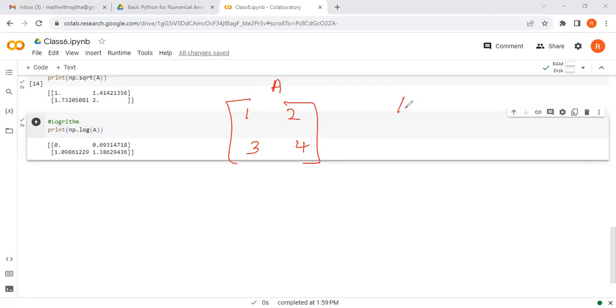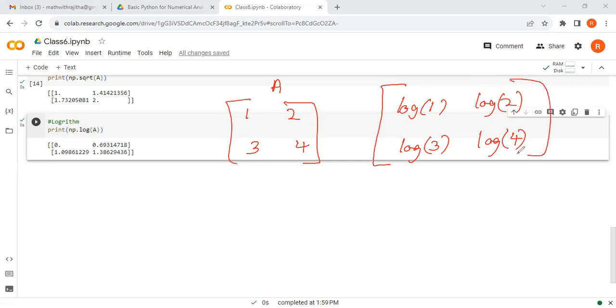This is giving me log of 1, log of 3, log of 4, which is fine. But I still don't know what the base is. Base comes here.